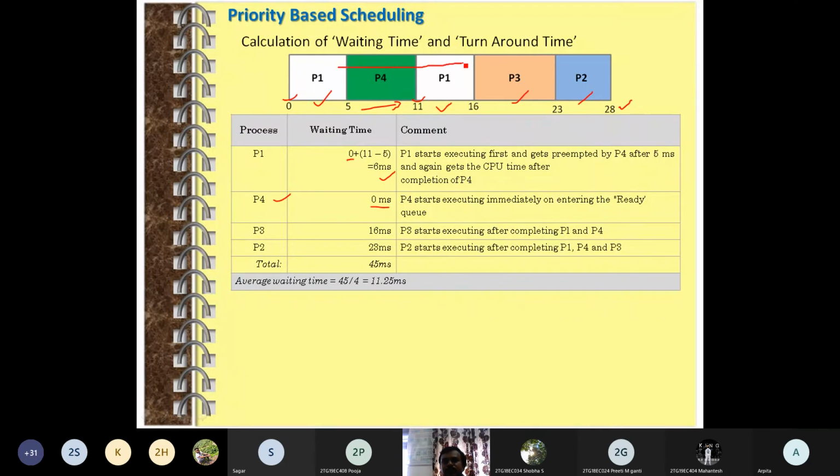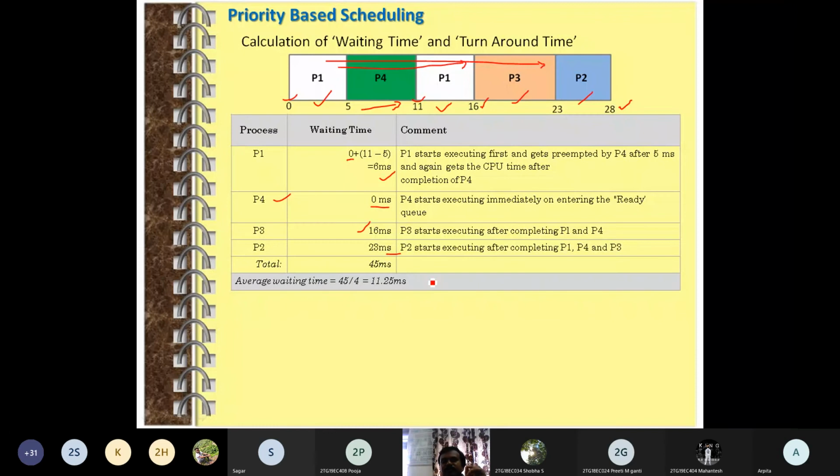P3's turn comes at the 16th millisecond, so that number is the waiting time for P3 to be executed. What about P2? P2 has waited for completion of P1, P3 and P4. So the overall time period is 23 milliseconds. So P2 has a waiting time of 23 milliseconds.